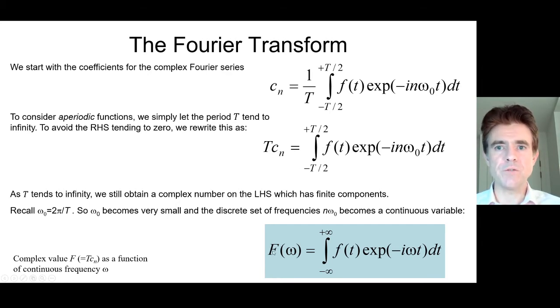They're just multiplied together to give an overall complex value F. So this is a complex valued function F, which is a function of the frequency omega, and that frequency omega is a continuous variable which has arisen from using what originally were integer multiples of omega 0, and because that omega 0 has become so small, integer multiples of something very small effectively gives us a continuous range of omega values, which is exactly what we see in the Fourier transform.